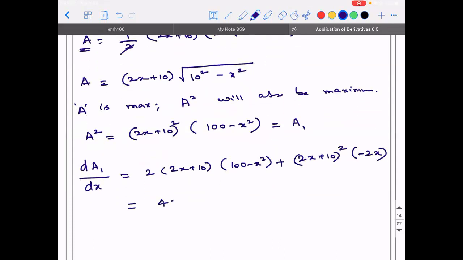So how much will you get? 4x plus 20 into 100 minus x square minus 2x into 2x plus 10 the whole square.